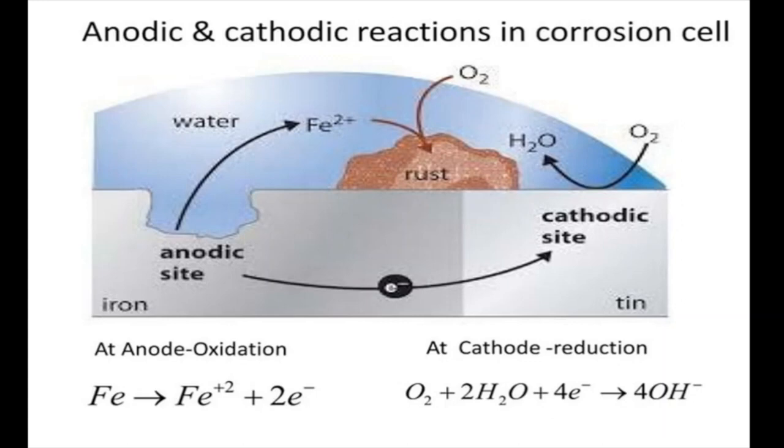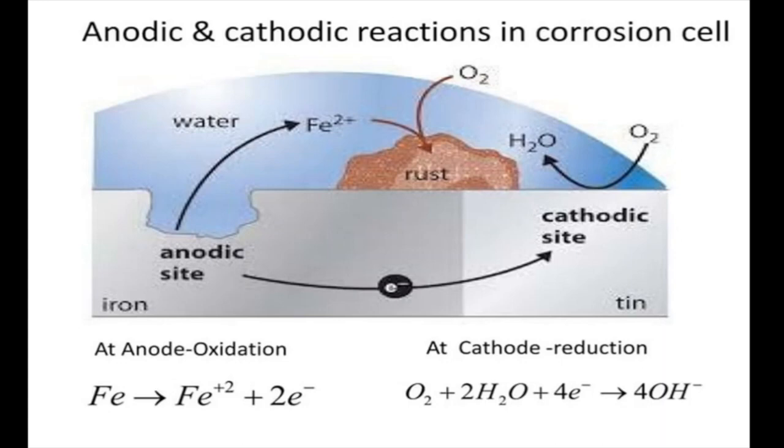When that occurs, the reaction at the anodic side is that iron dissociates to Fe2+, and 2 free electrons are released. In the cathodic reaction, oxygen plus 2H2O plus 4 electrons create 4 OH minus.